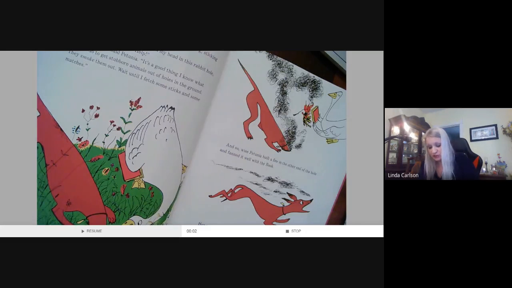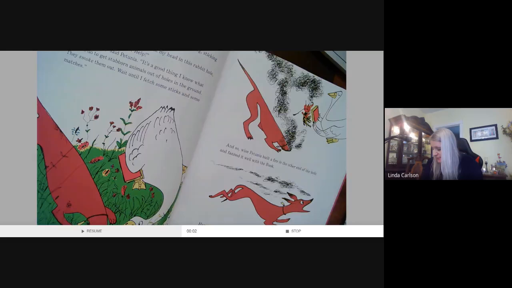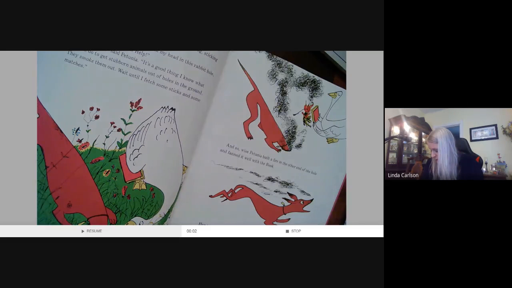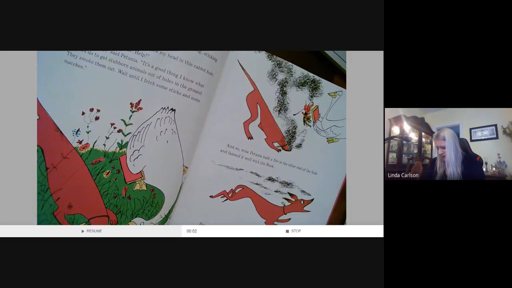Wait until I fetch some sticks and some matches." So wise Petunia built a fire in the other end of the hole and fanned it well with the book. Her trick worked nicely. Noisy, choking with smoke, jerked his head out of the hole and ran off howling with pain. His nose was singed with fire and his ears were cut and bruised.